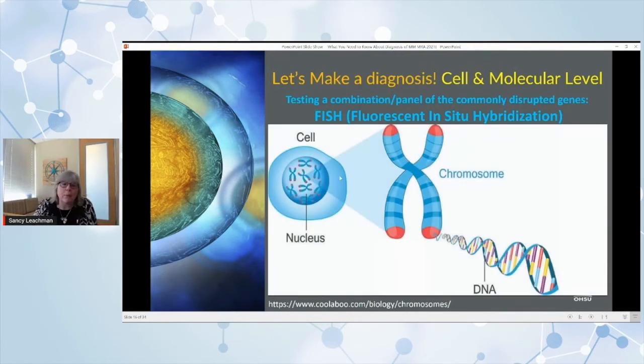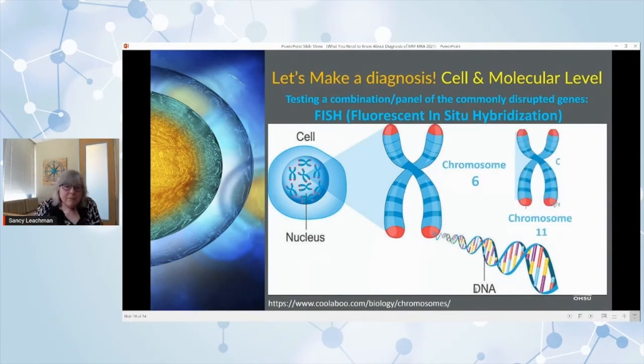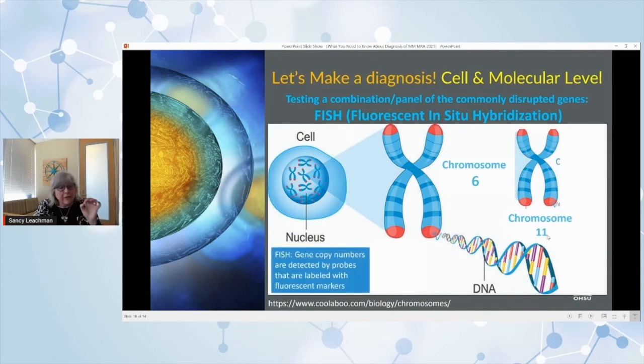So again, let's go back. Here's your melanocyte, and here's the nucleus. And in the nucleus, you have the DNA, and the DNA is packaged into the chromosomes, which is where the DNA actually is. In the case of melanoma, the two chromosomes that are most important for FISH are chromosome 6 and chromosome 11. With FISH, you have these little probes that bind to the DNA.